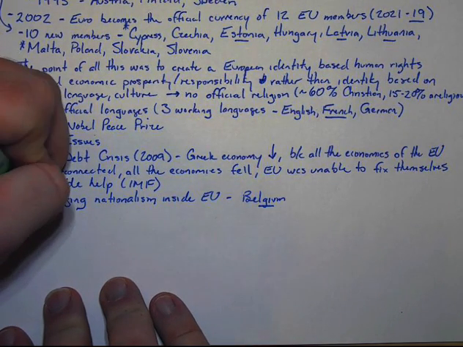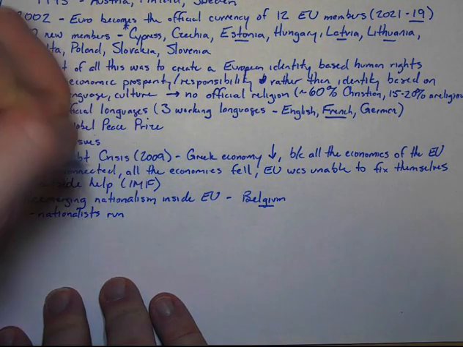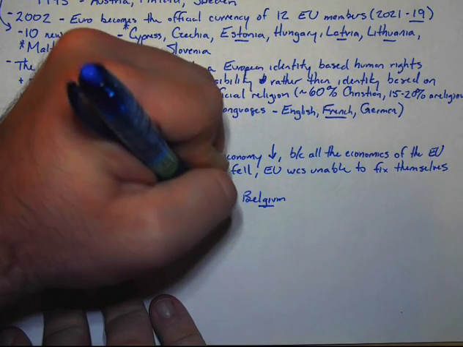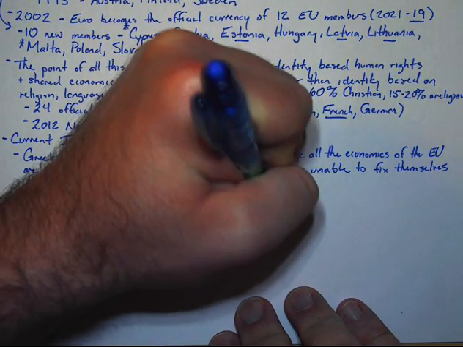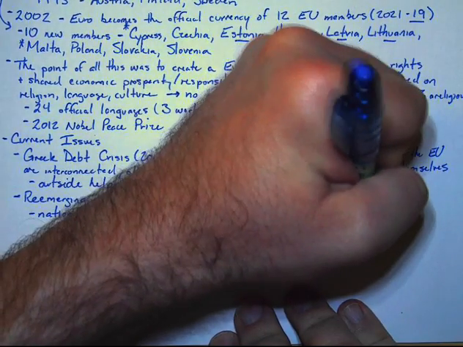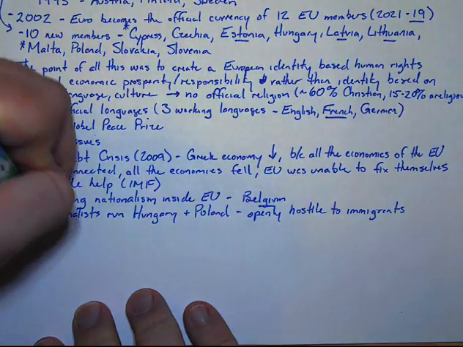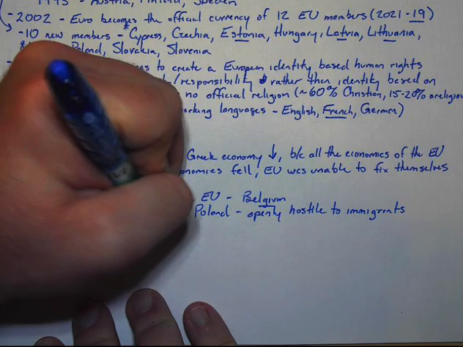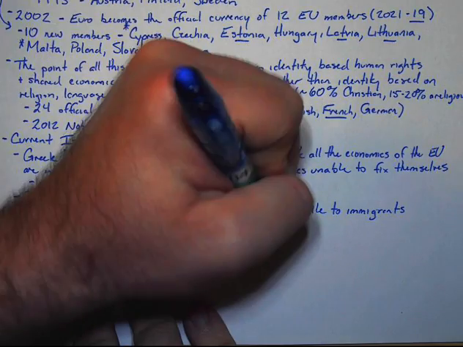So, for example, nationalists run Hungary and Poland right now and are openly hostile to immigrants, especially Islamic refugees from the Syrian civil war.